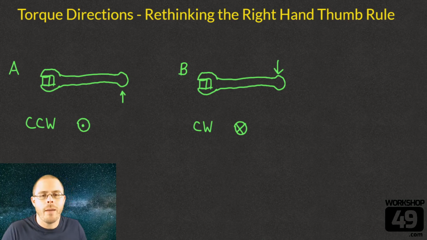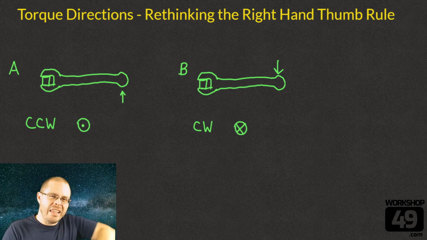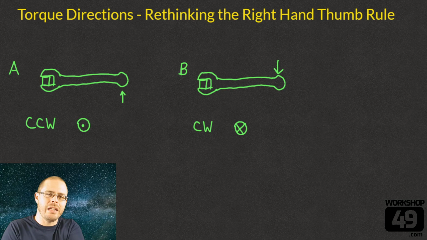I'm undoing time, so I'm undoing the lid, I'm undoing the nut, you're undoing something. If you're undoing a nut, it comes towards you. That's why the vector points towards you. If you are tightening a lid, if you are tightening a nut, you're pushing it away from you, you're screwing it in. That's why the vector goes away.